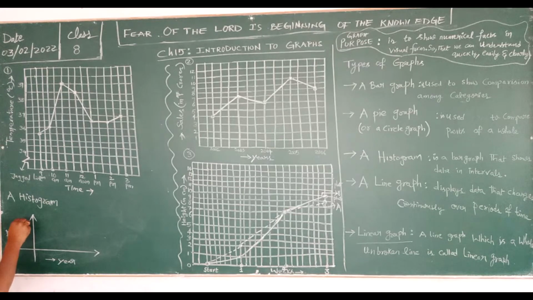So the x-axis is the year and the y-axis is the attendance of the students. How will we represent it? For example, it starts from here, up to 2010, the attendance is this much. And for 2011, it will be this much.